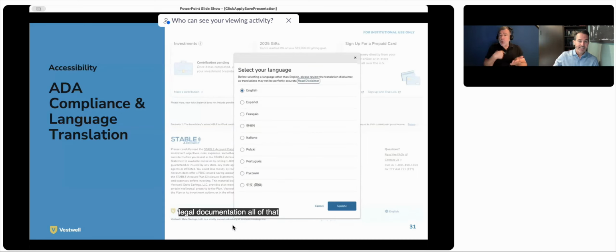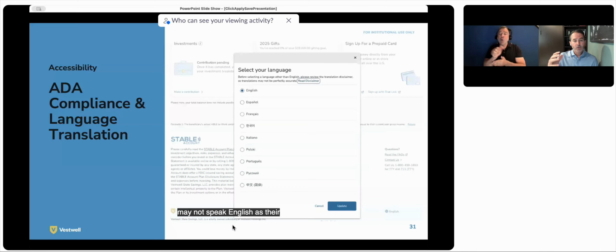And we don't stop at just ADA compliant to get into the real detail. It's WCAG 2.2 level AA. I mean, it's the real high level ADA compliance because we want to make sure that this is accessible to everybody. Vestwell also feels it's important to communicate and work with individuals that may not speak English as their primary language.